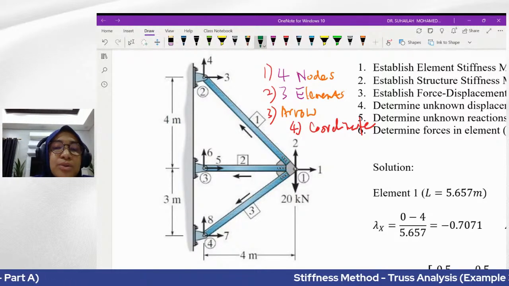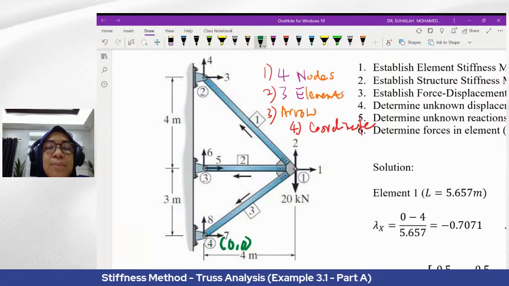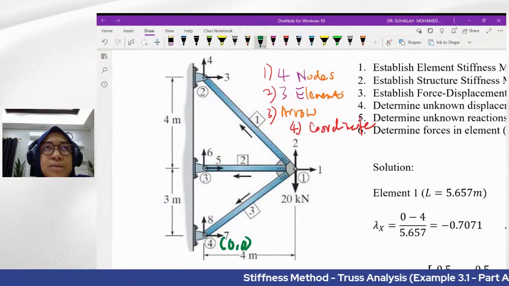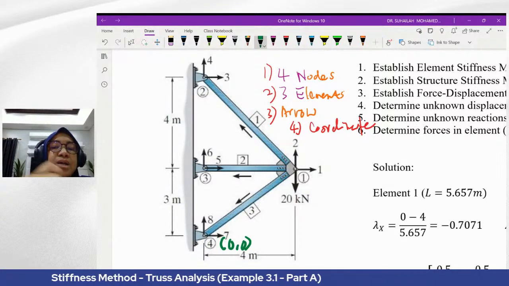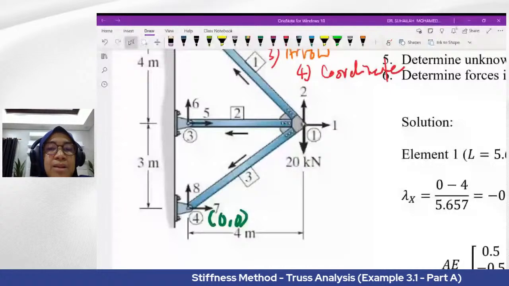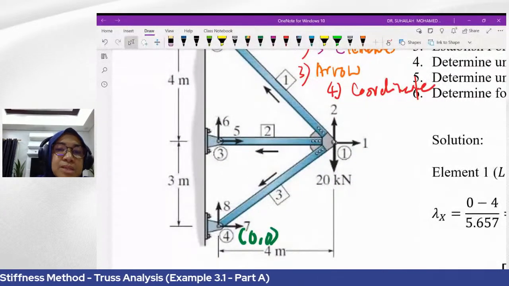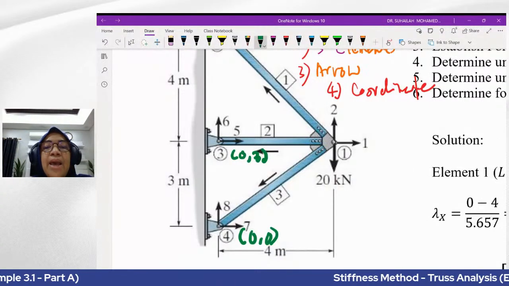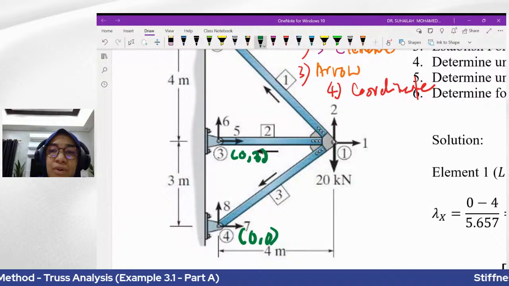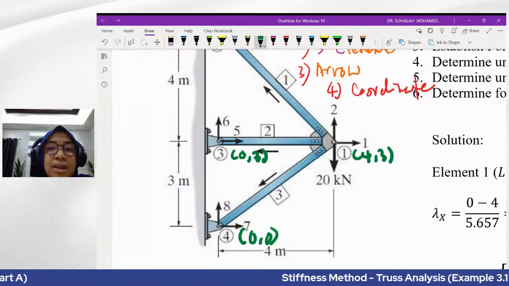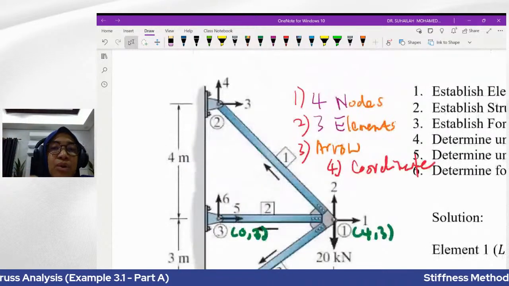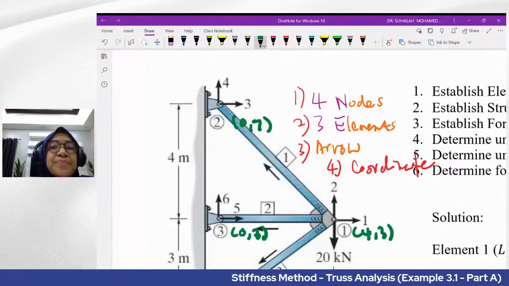Whenever we choose node number 4 as origin, we will get node number 1, node number 2, and node number 3 with positive coordinates. So if node number 4 is origin (0, 0), the coordinate for node number 3 will be (0, 3), the coordinate for node number 1 is (4, 3), and for node number 2, the coordinate is (0, 7).